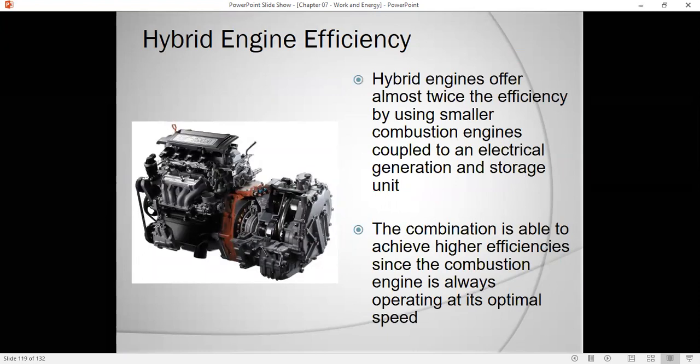One idea is this idea of a hybrid engine. It combines an internal combustion engine with a generator. Okay? And the idea is this, okay? We operate the internal combustion engine at its peak efficiency, okay?